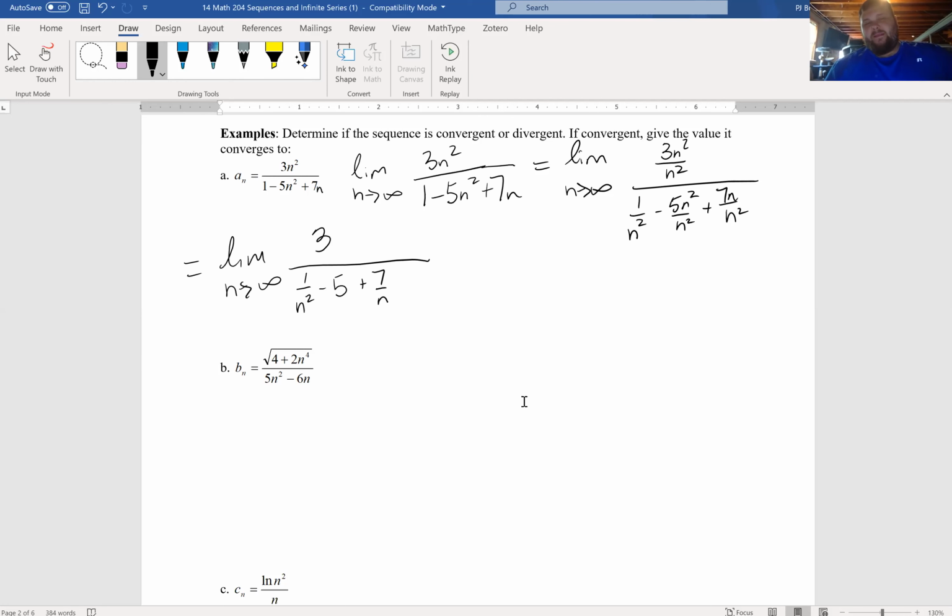The first one being that if I have the limit of a bunch of things multiplied or divided, I can take the limit of each piece separately. And that also works for addition and subtraction. So I can basically take the limit of each term: limit of 3, limit of 1 over n squared, limit of -5, and so on.